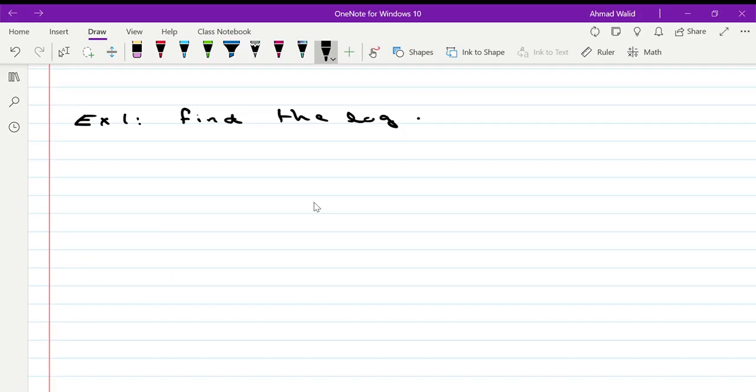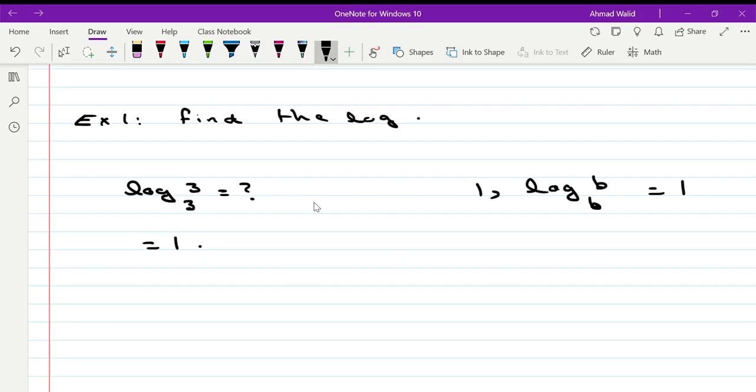Let's say, for example, log of 3 base 3. If they ask you to find log of 3 base 3, which rule should you use? Rule number 1 says, if I have log of b base b, my answer is always what? 1. Then log of 3 base 3 is always 1.